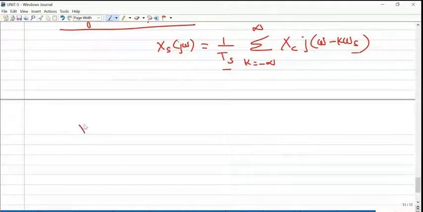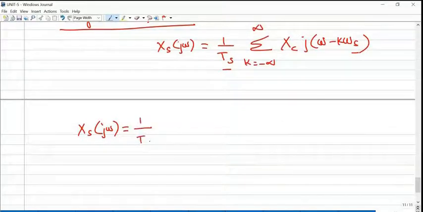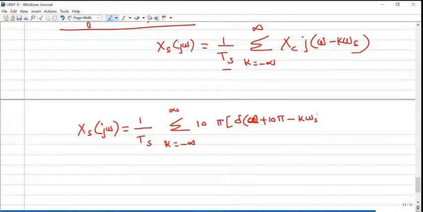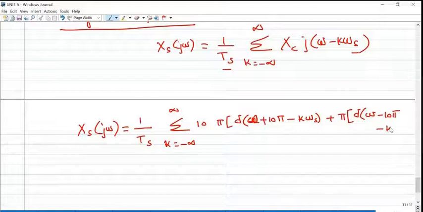So X s of j omega equal to 1 by Ts, summation k varies from minus infinity to infinity, 10 pi delta of omega plus 10 pi minus k omega s, plus 10 pi delta of omega minus 10 pi minus k omega s.